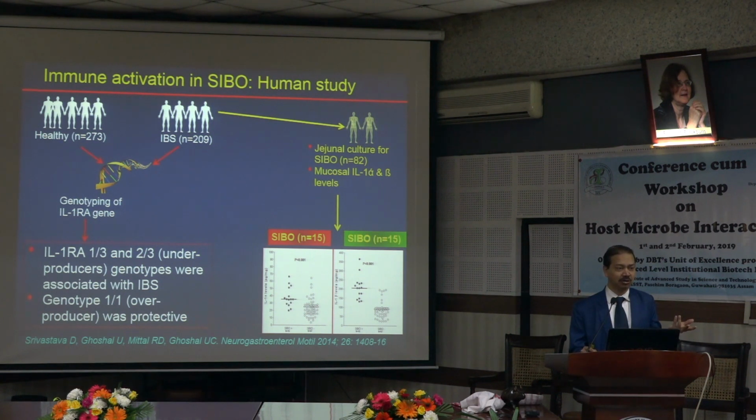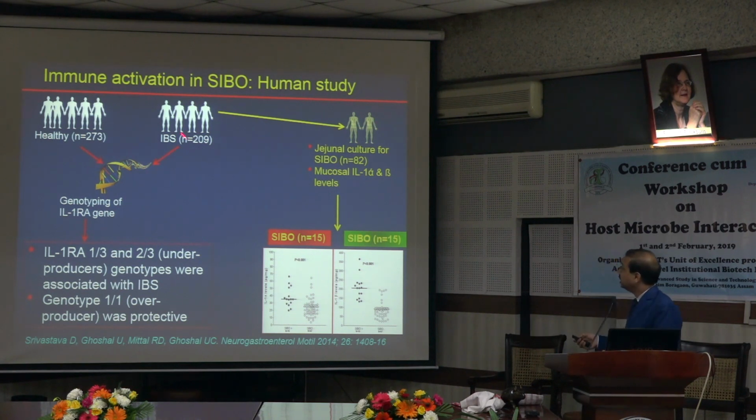Now some physicians would say it is all in the human gene that causes disease. They are wrong, except for Mendelian diseases. It is the host-microbiome interaction which decides whether I will be diseased or not, and it is very nice that we are having a meeting on host-microbiome interaction. Really, if you want good quality research, work on host-microbiome interaction.